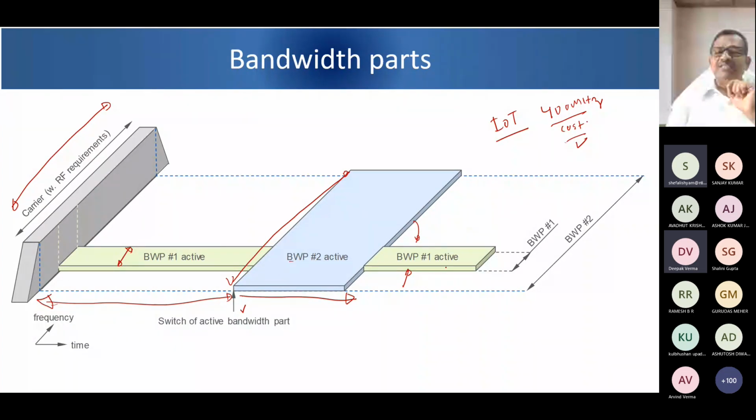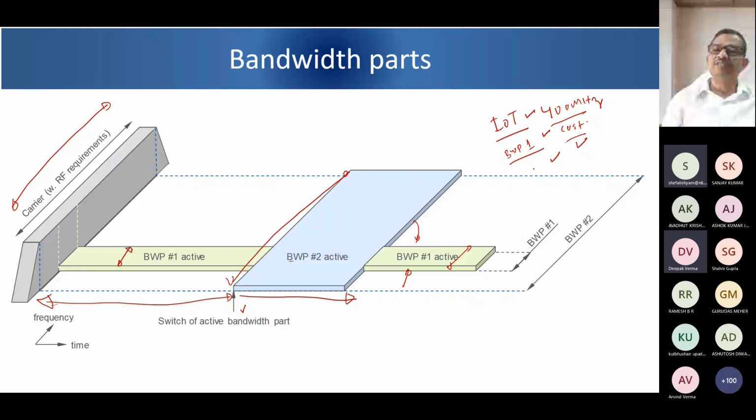Since there is a concept of BWP, I can design an IoT device only for say BWP1, a very small bandwidth, and I know that a lower frequency band and very small bandwidth would be sufficient for IoT. So my IoT device will be very simple, cost effective, and my battery life can be very high, because I need not use the entire channel bandwidth.